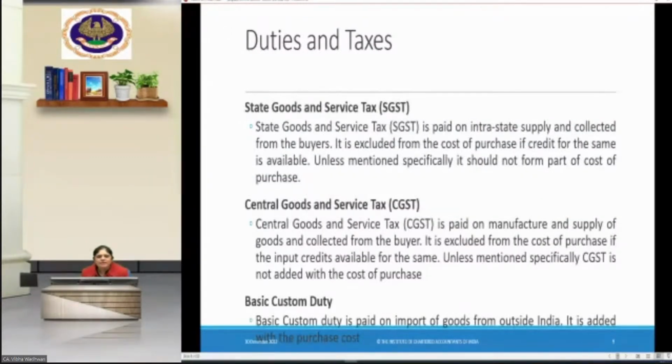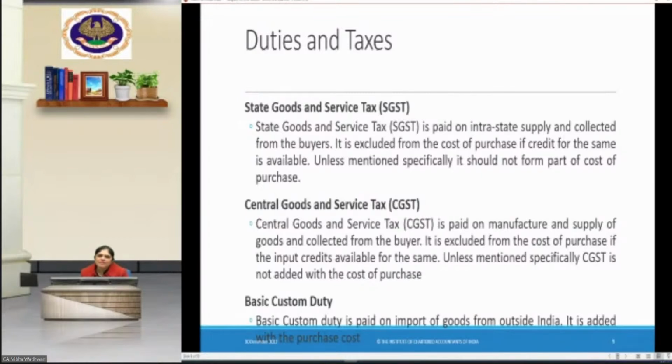Similarly, state goods and service tax and central goods and service tax. SGST and CGST are paid on manufacture and supply of goods and services when it is intra-state. Intra means within the same state, within UP. So it is again excluded from the cost of purchase.